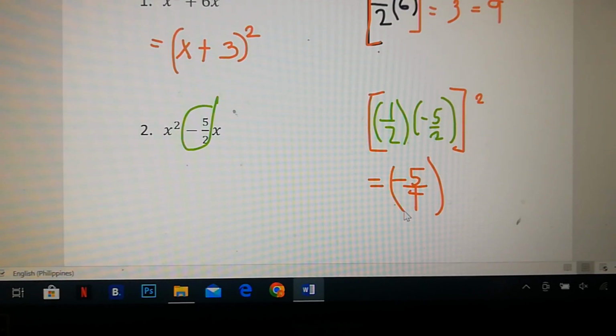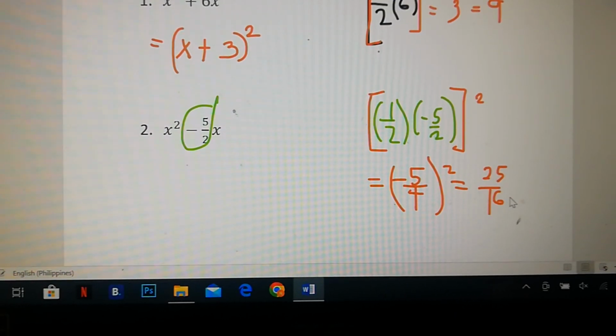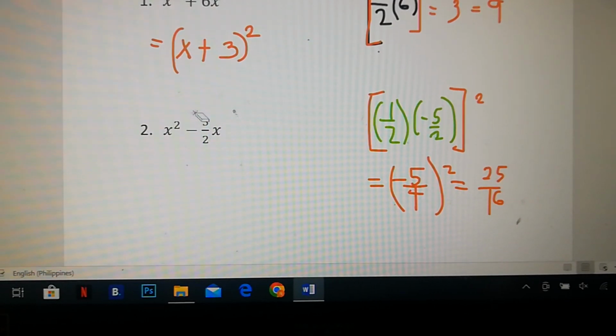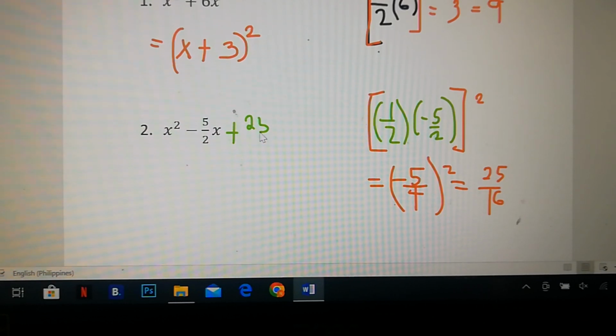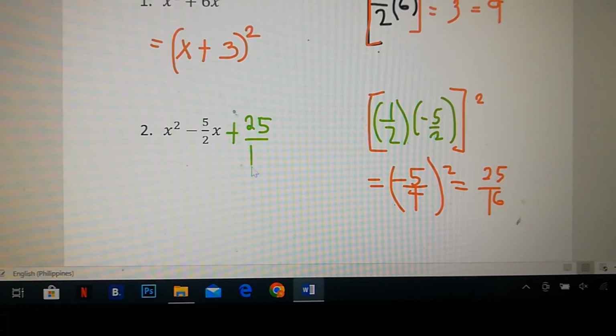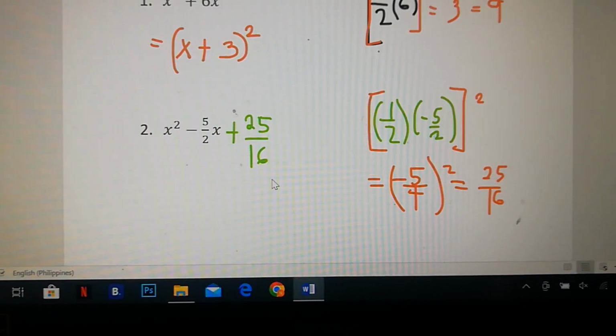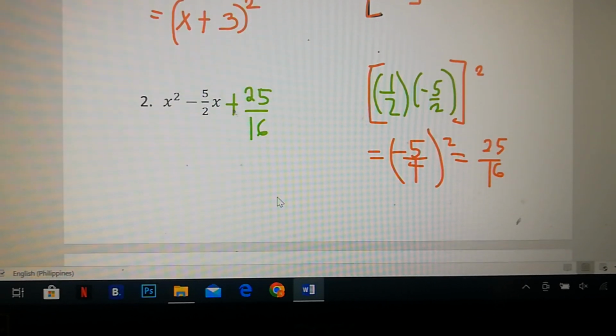Then you square it. Negative 5 over 4 squared is equal to 25 over 16. So you will add 25 over 16 to the given expression. Then factor the resulting trinomial.